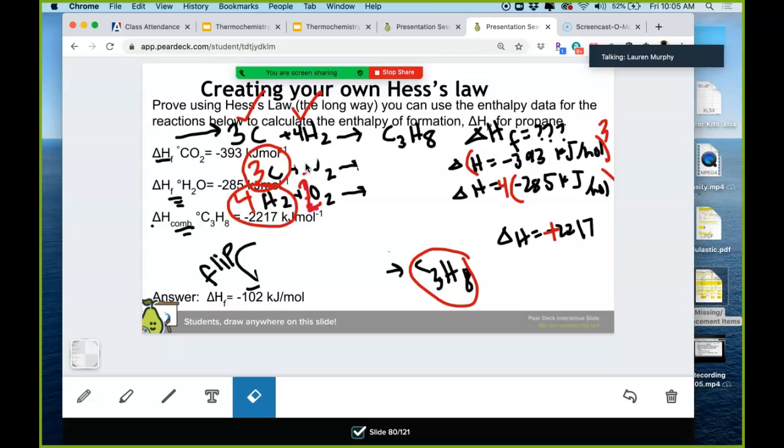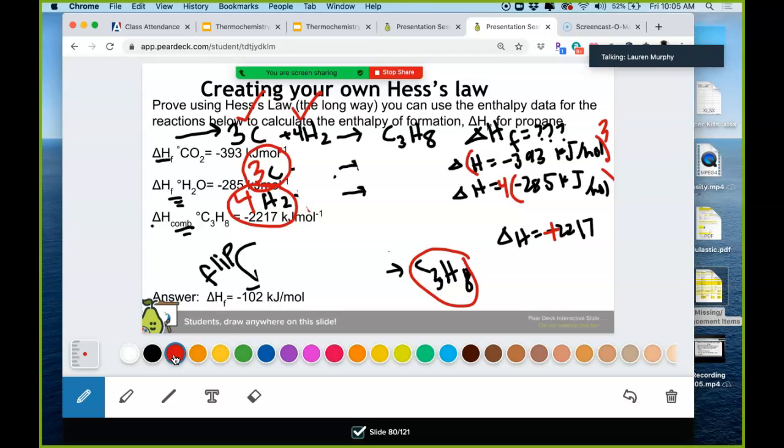They cancel, and everything that's left is everything in my equation. So it's 3 times negative 393, plus 4 times negative 285, plus 2217. I'm going to give you a moment to make sure you calculate it.